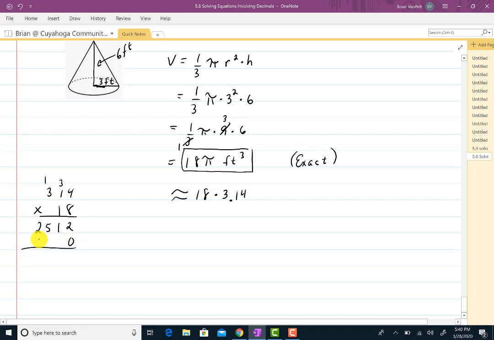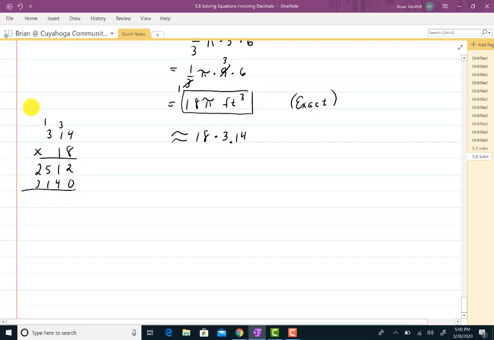Now, oh good, the 3, 1, 4, all I have to do is copy those down. And now let me get my numbers added up. 5652. And because pi, the approximation we're using, has 2 decimals, I'm going to move this decimal back 2 places, and I'll get 56.52 cubic feet. And that is the approximation.